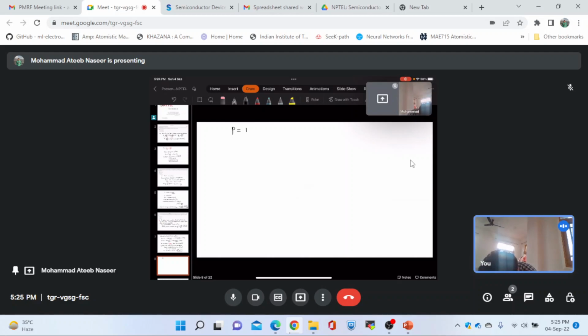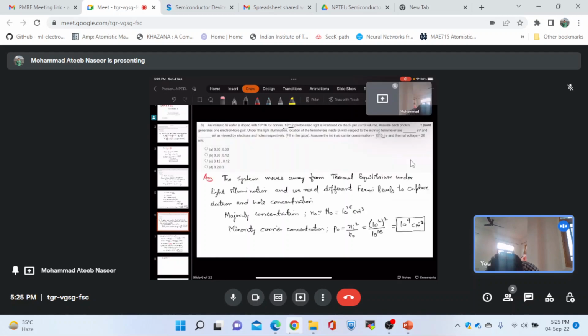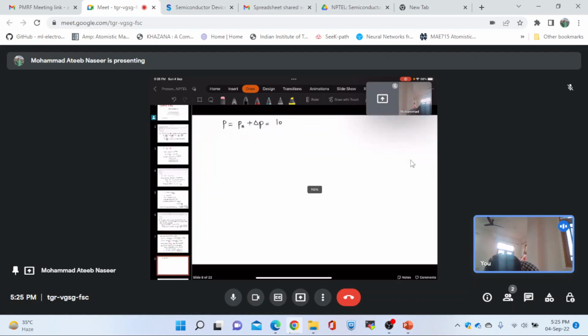P will be equal to the equilibrium concentration plus the excess carrier concentration generated by the light illumination. So this will be 10 to the power 4 plus 10 to the power 12, and it will be equal to 10 to the power 12 per centimeter cube.